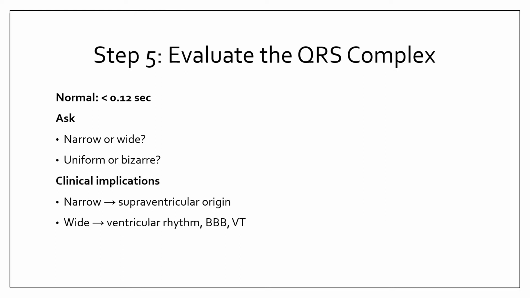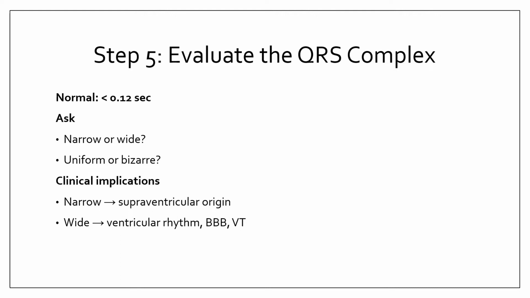So with a wide QRS complex, we have ventricular depolarization that's slower than normal. The electrical impulse is traveling through the ventricular muscle, but not the normal conduction system. Some common causes might be a ventricular rhythm, a bundle branch block, or ventricular tachycardia.